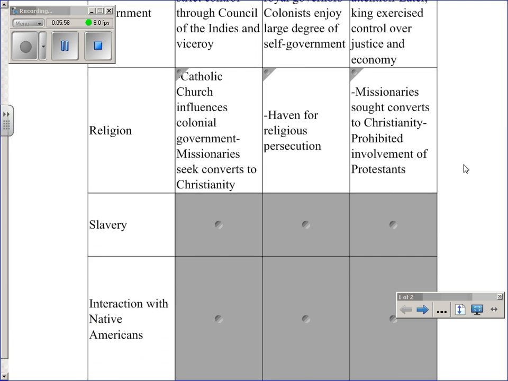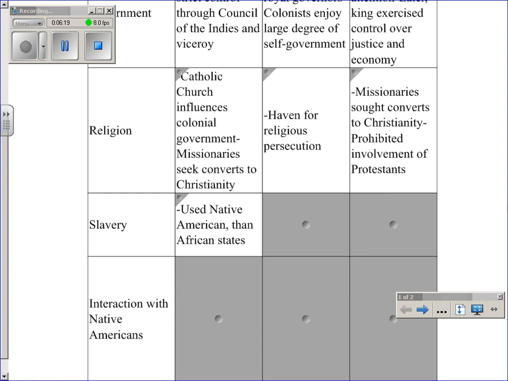All right. The big question that we're going to be talking about later in the unit is this question of slavery. Each country handles slavery differently. At first, the first country actually to use slaves was the Spanish, the Portuguese. They enslaved Native Americans living in Brazil.